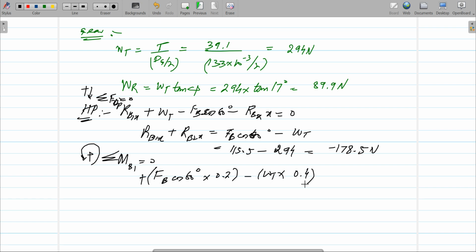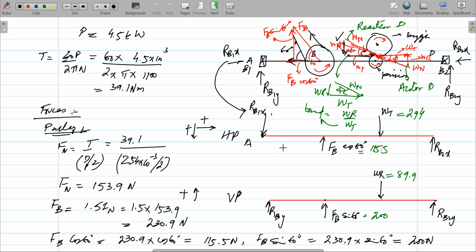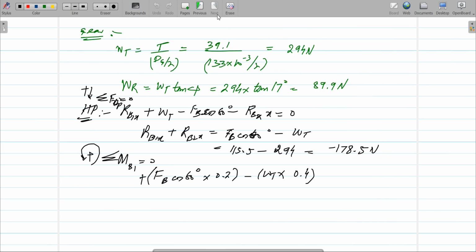We have two distances, that is 0.4. These are just the right distances, so there is no confusion. This is 200 mm, this is 200 mm, and this is 90 mm. Clear? Just in case you have to write moments, there will be no confusion at all.